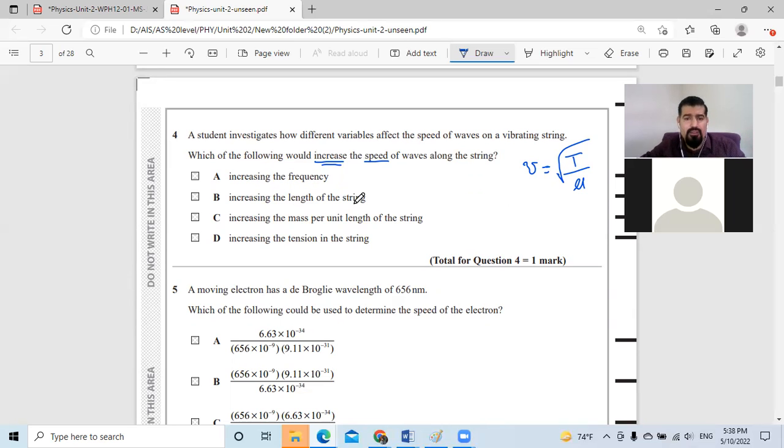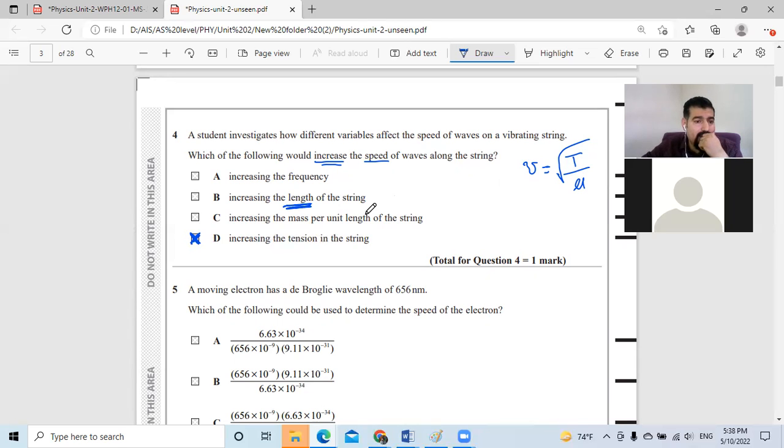Increasing the length of the string: as the length increases, the mass per unit length will decrease. Increasing the mass per unit length: they are inversely proportional. Increasing the tension, yes. Now, by increasing the length, I also need to increase the tension, right?